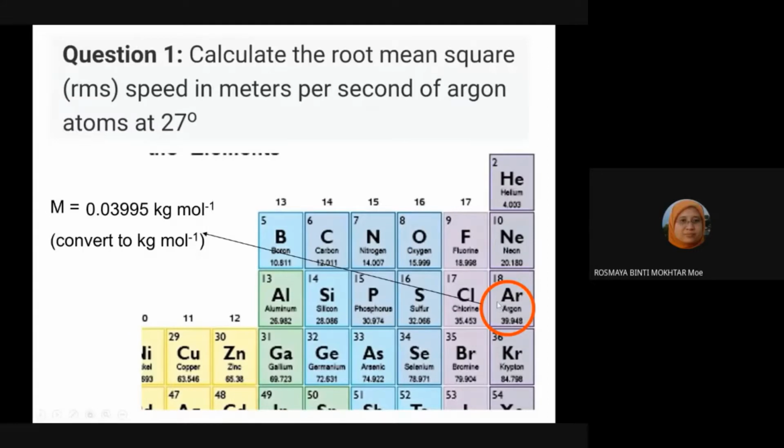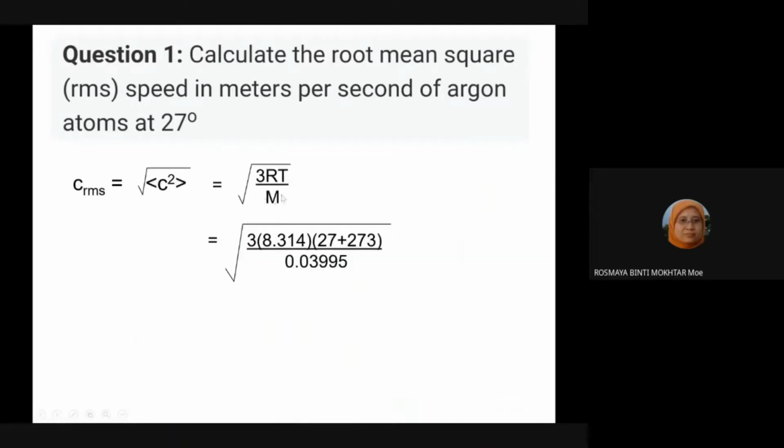The value given in the periodic table is in gram per mole, so you need to convert to SI unit, kilogram per mole. This is for 1 mole, so convert to kilogram per mole. Because this is a molar mass, you substitute straight away 0.03995. So the answer is 433 meter per second.